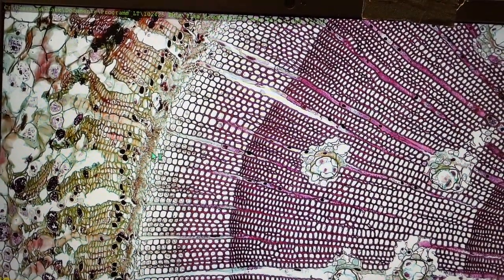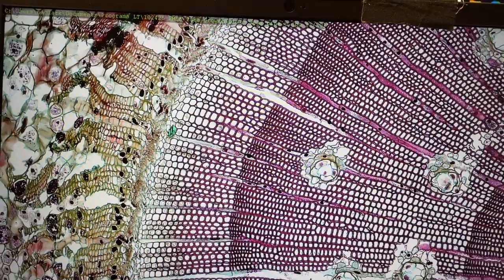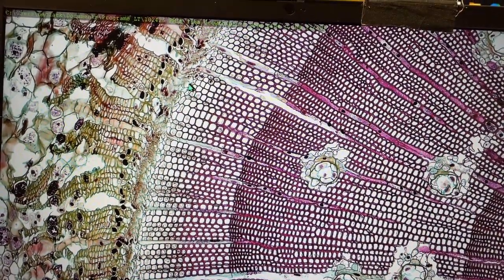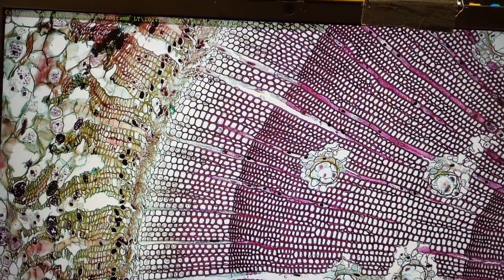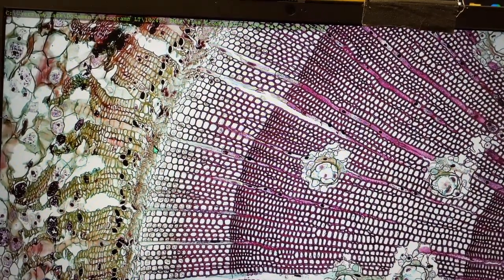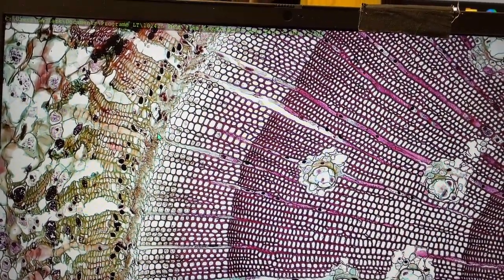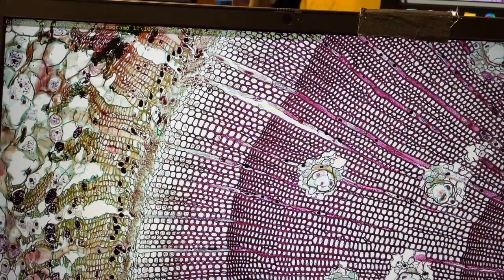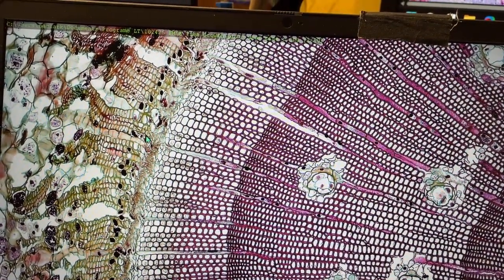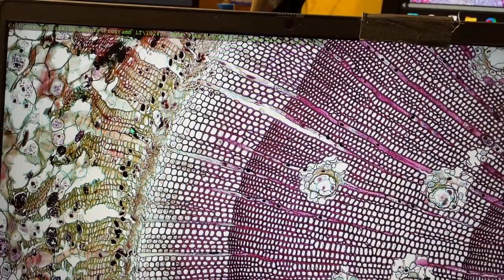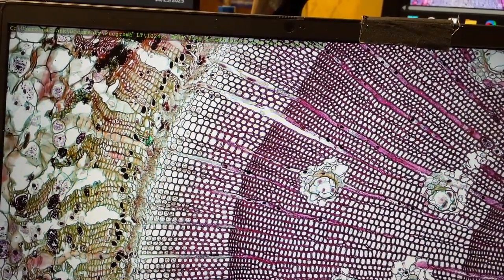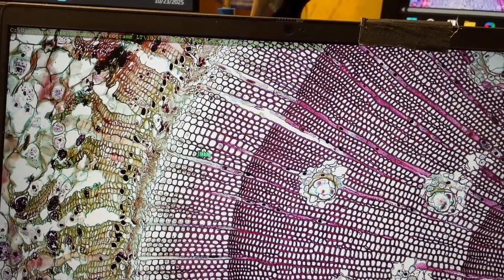So there are cells within this area that are dividing mitotically, meaning they are replicating themselves into twin cells with all of the genetic information. And then over time, those cells will begin to differentiate as they neighbor into phloem variety of cells or xylem variety of cells.